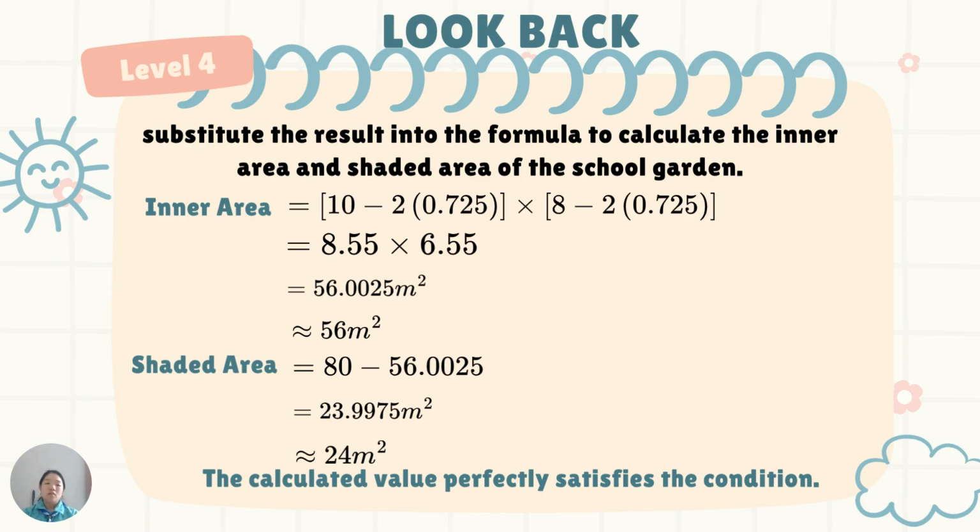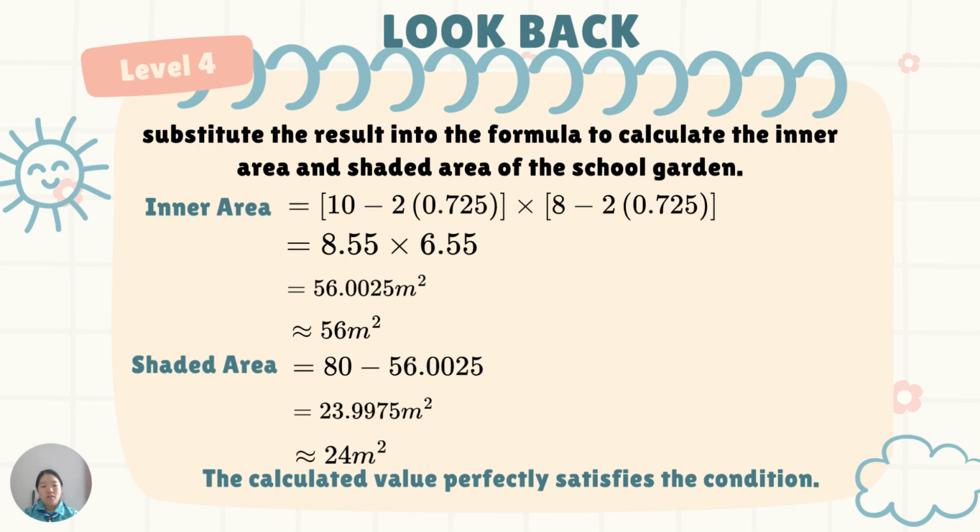So let's come to the fourth step, looking back. To ensure the accuracy of our answer, we can substitute the result into the formula again to calculate the inner area and the shaded area of the school garden. So we substitute 0.725 into the inner area formula again. After expanding it, it will become 56.0025 square meters.